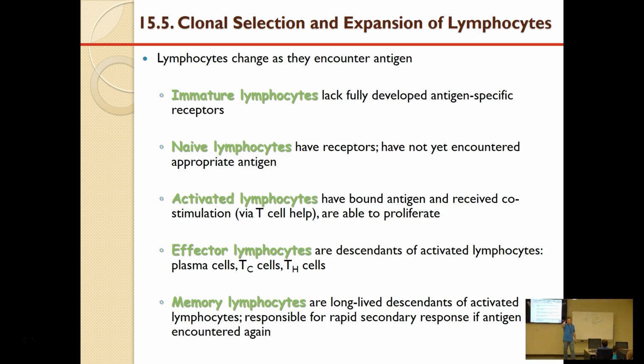They've found their antigen now. They got the signal that, hey, this is the right one we're supposed to go after. They start replicating, and then ultimately they become what's called effector. Effector cells are actually doing their job. So in this case, a B cell becomes an effector cell when it becomes a plasma cell.